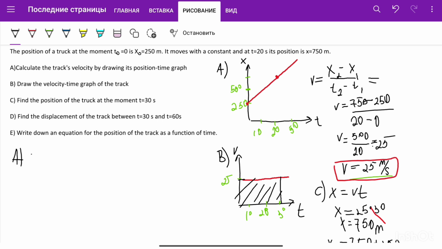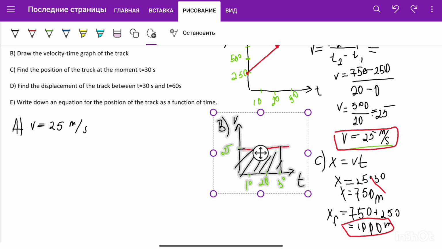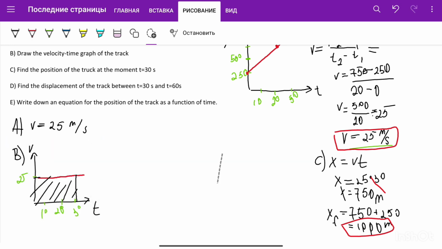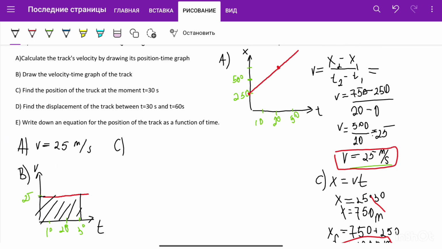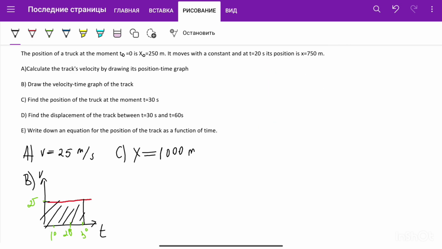Now I'll write all the answers to the left side to make space for other questions. The solutions you already know. Next question is D. Find the displacement of the truck between 30 seconds and 60 seconds. So we will draw the velocity time graph and find the area of that gap.